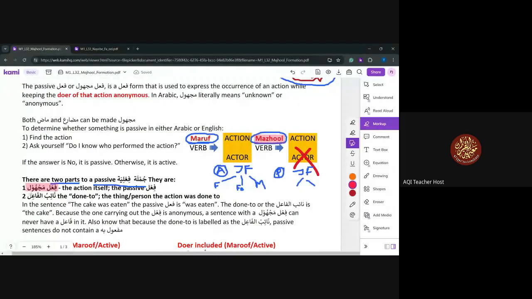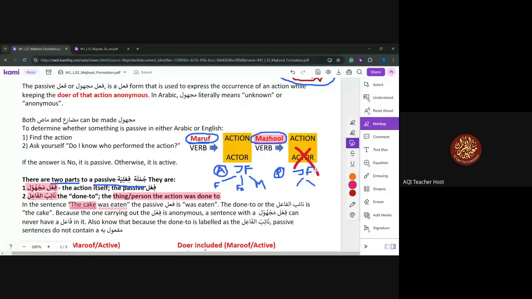The second component is Nayebe fa'il, which is a thing or a person the action was done to. For example, in "the cake was eaten," the action is "was eaten," and the cake is the thing the action was done to. So Nayebe fa'il would be the cake.